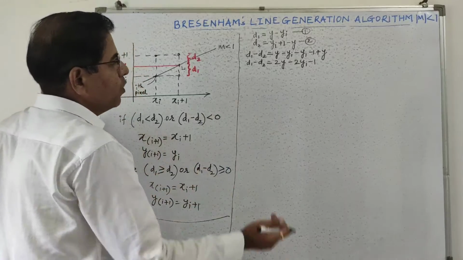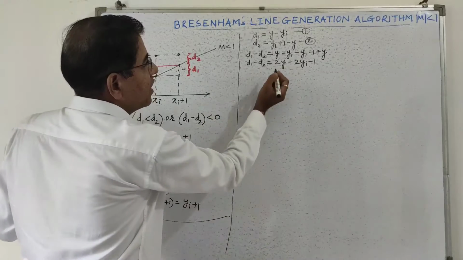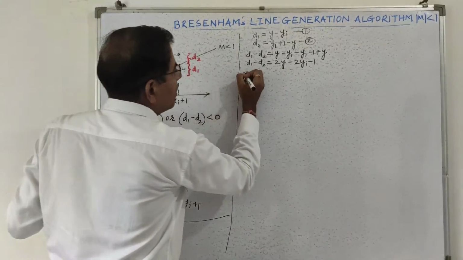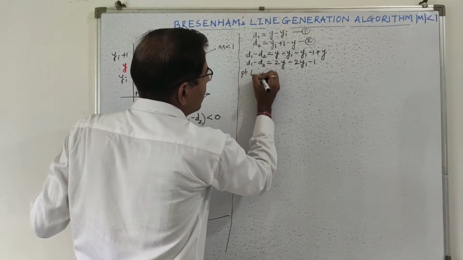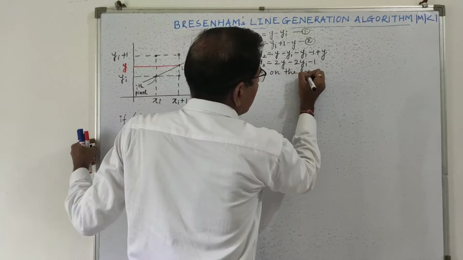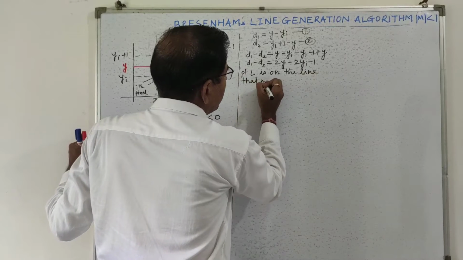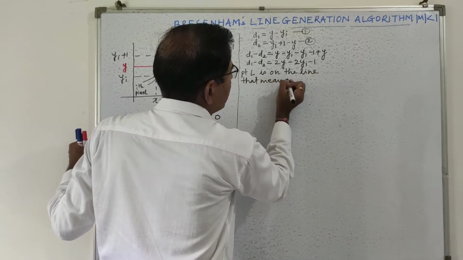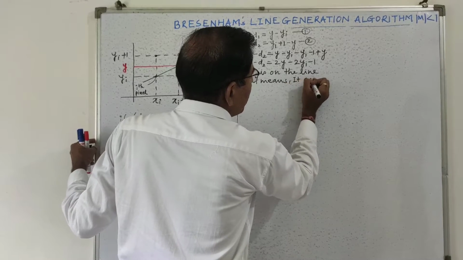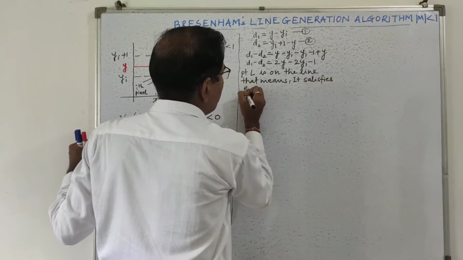To convert this expression in terms of dx and dy, we'll see this point L. Point L is on the line. That means it satisfies the equation of line.